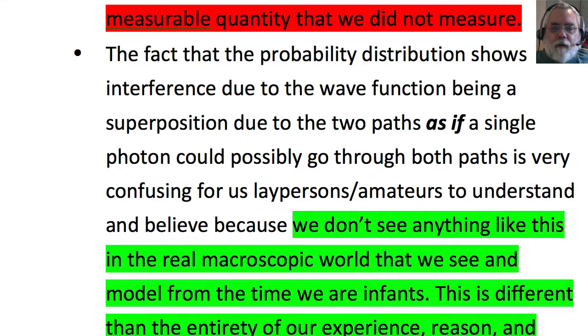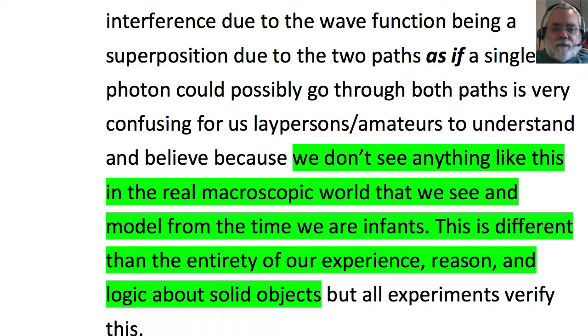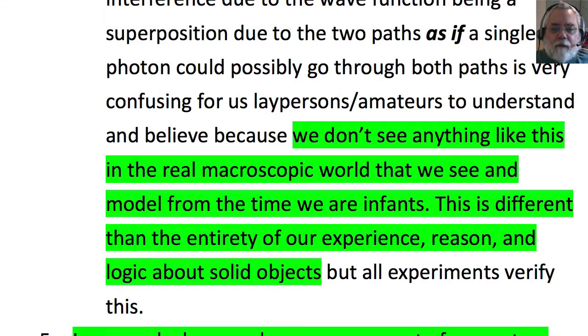The fact that the probability distribution shows interference, due to the wave function being a superposition due to the two paths, as if a single photon could possibly go through both paths, is very confusing for us to understand and believe, because we don't see anything like this in the real macroscopic world that we see and model from the time we're infants.